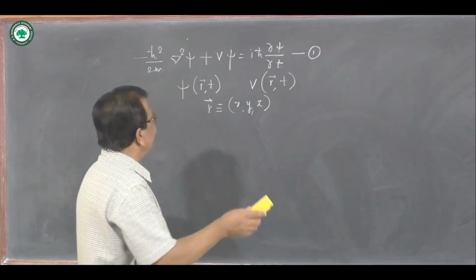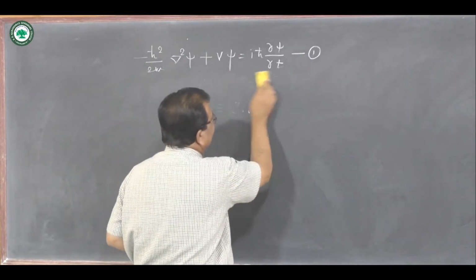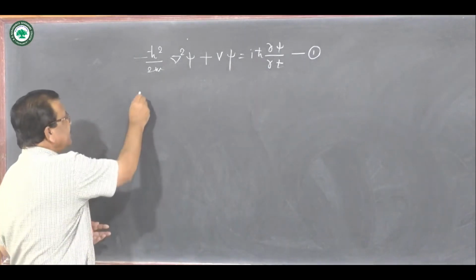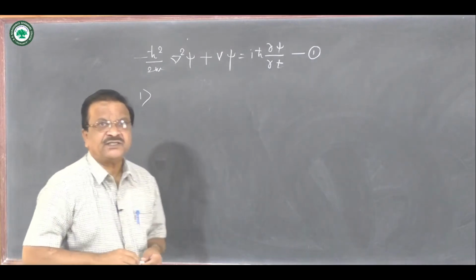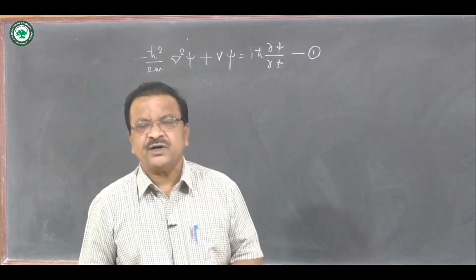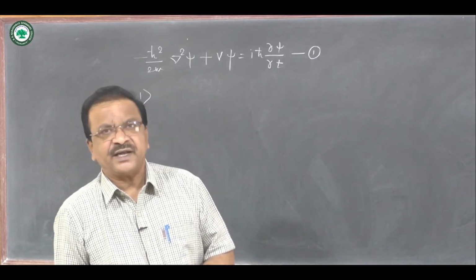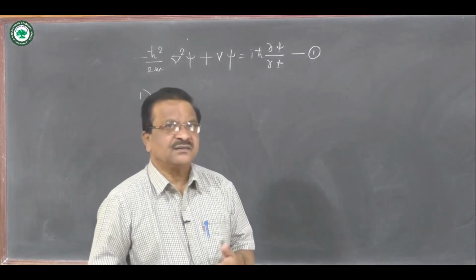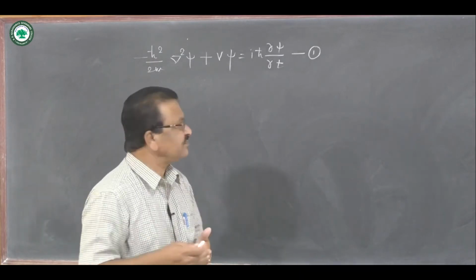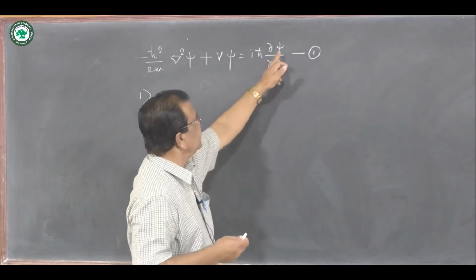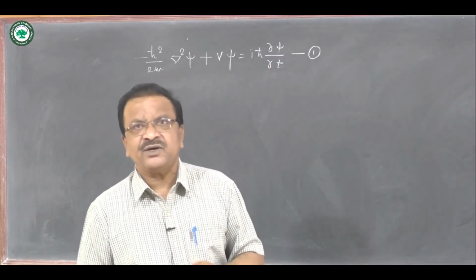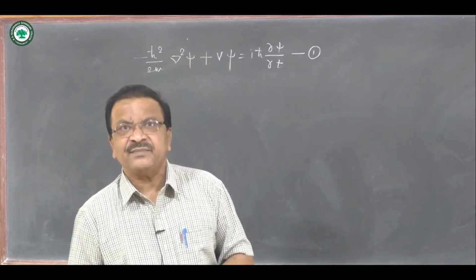Let us look at the properties of this particular wave equation. The first property of this equation is that it is a partial differential equation of second order in space coordinate and first order in time. The way wave function psi changes with time is decided by the term dabba psi by dabba t.